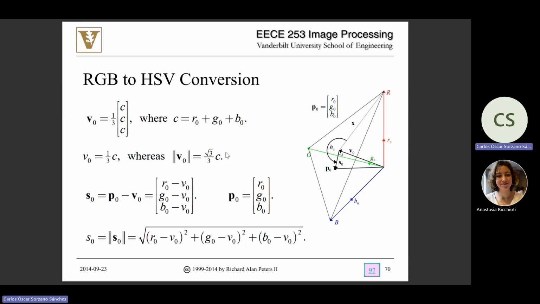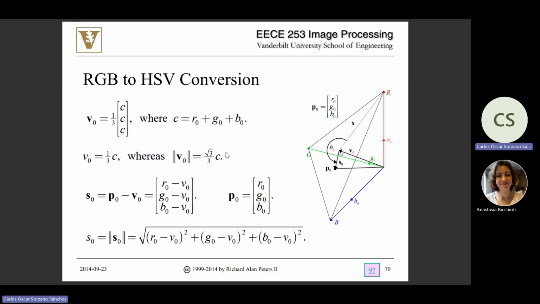This is the value vector. We compute C, that is the sum of the three, so it will be 1/3 of C. Then the module of V0 is this thing. So be careful with that. You have to report the module.